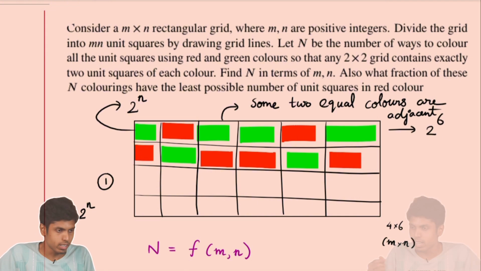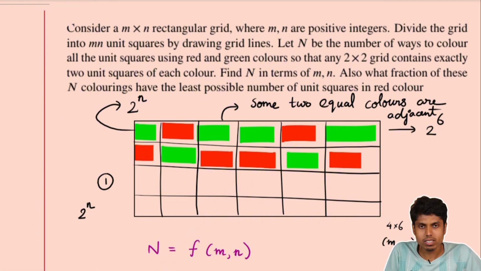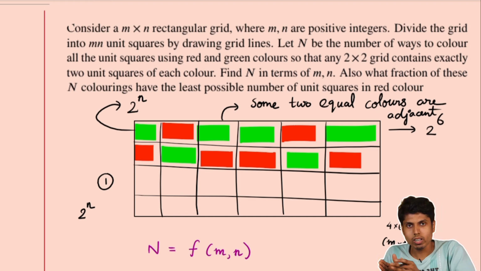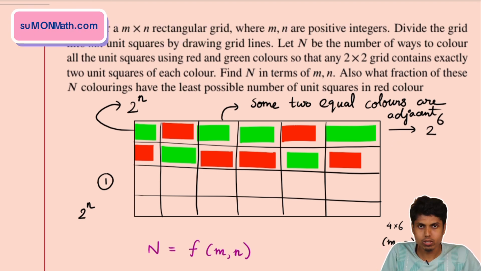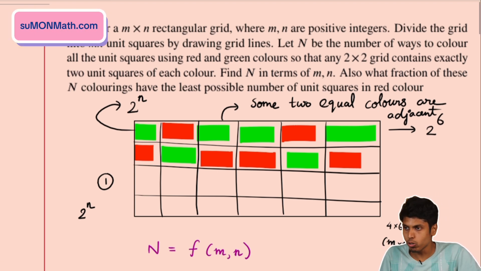So let's subtract that. If no two equal colors are adjacent, then clearly the colors are alternating. The alternating colors can happen in the following way: start with green and the colors alternate, or start with red and the colors alternate. So you have 2 options for these and no more.